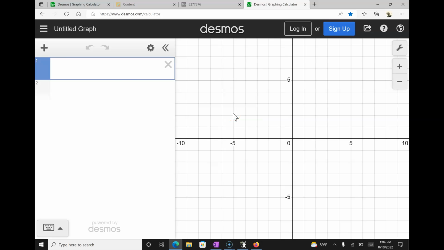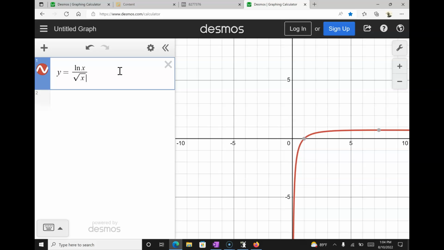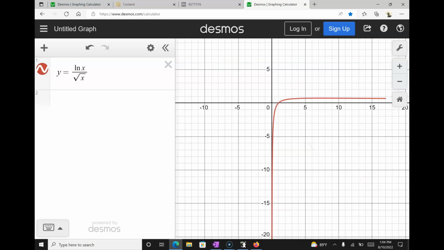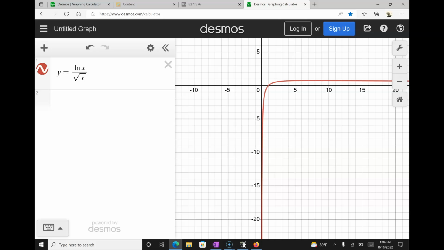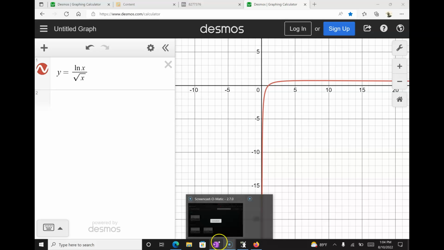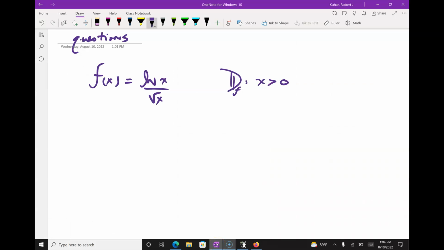Y equals ln of x all divided by square root of x. So I certainly can see my domain here, right? You should be really comfortable with domain, especially after a pre-calc class. So I already know my number line that I'm going to fill out later with my first derivative test is going to be 0 to infinity, right? You with me? I need that number line to be the domain of the function, right?